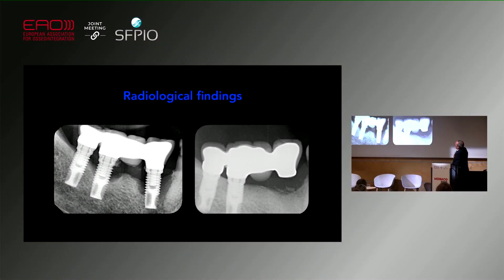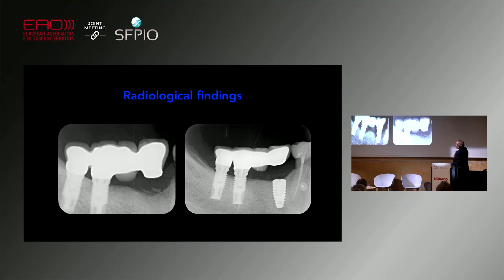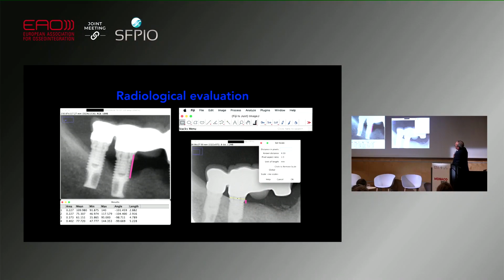This is when we treated the site, and as you can see, later with some further manipulation, a third implant could be inserted, and we have a stabilized, corticalized bone level at the previously infected sites. To have the radiographic evaluation, we used the calibrated measurements of the implants.